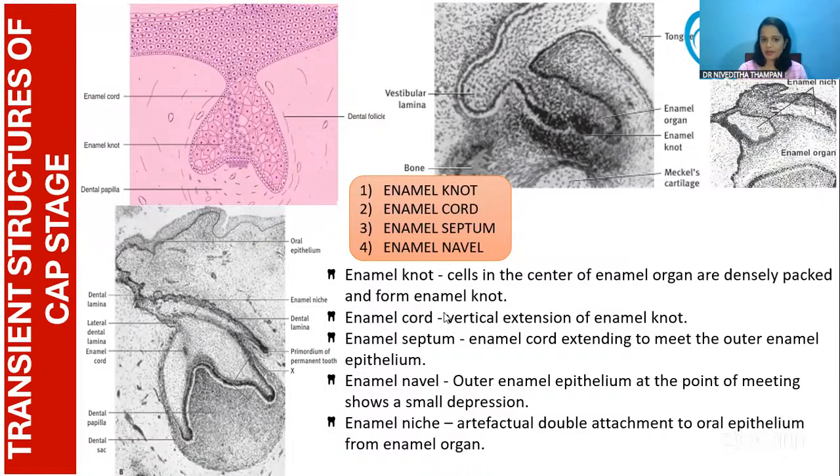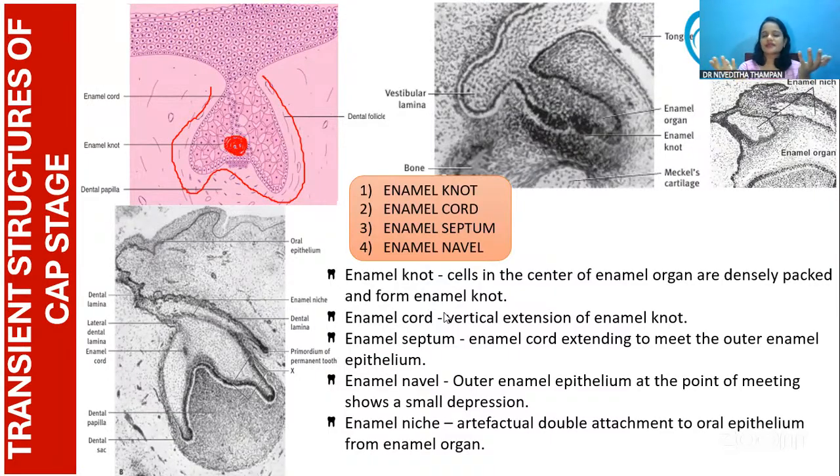So what is this enamel node? This is the cap stage. In the cap stage, the cells in the center, towards the lower end, start proliferating and form a knot-like structure, just like we make a thread knot.